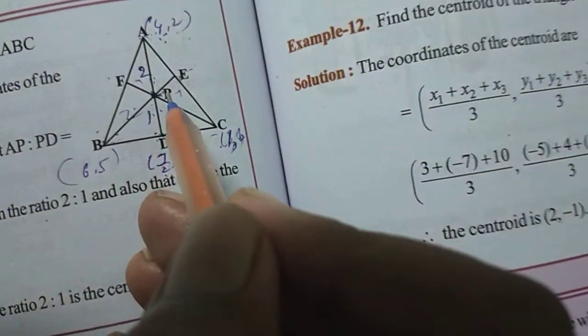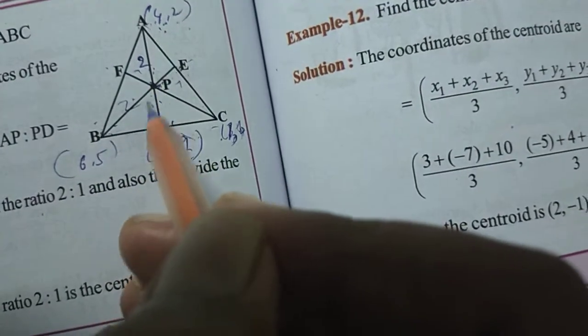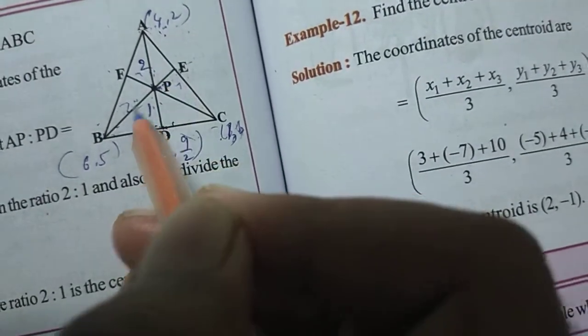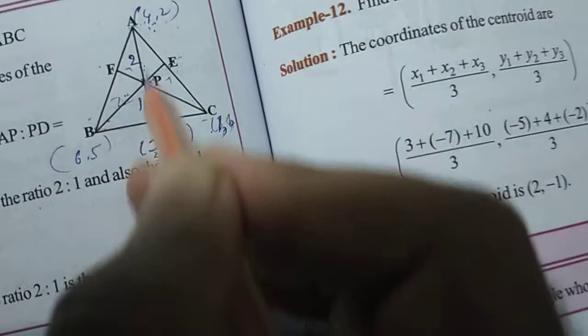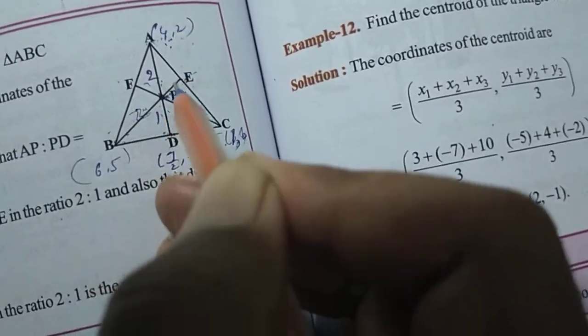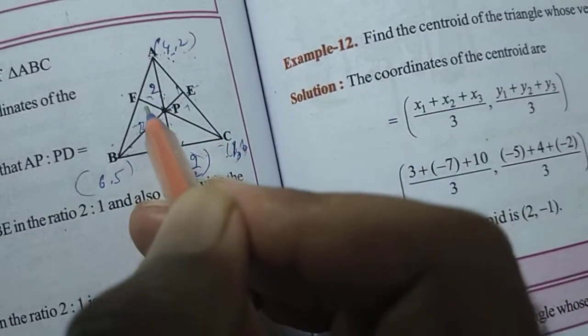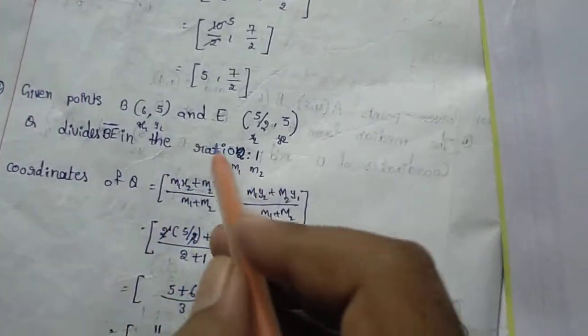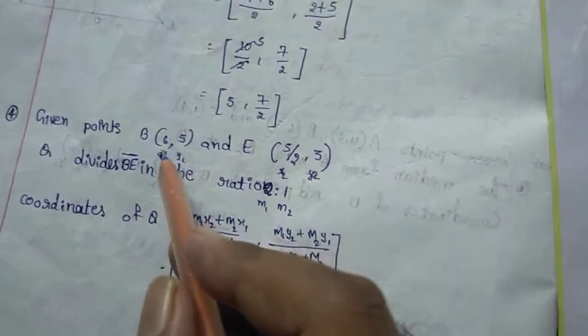BE divides in the ratio 2:1. This is the median, any median in the ratio 2:1. CF in the ratio 2:1. Take point B 6 comma 5.